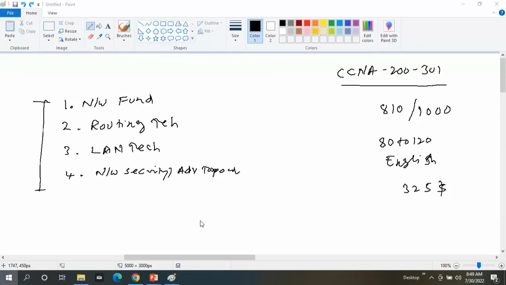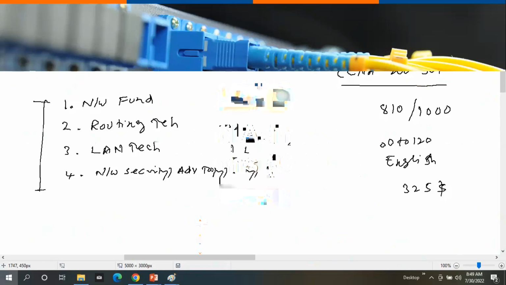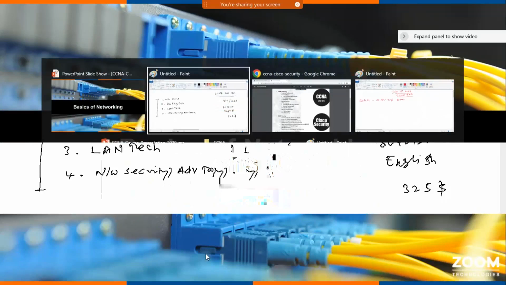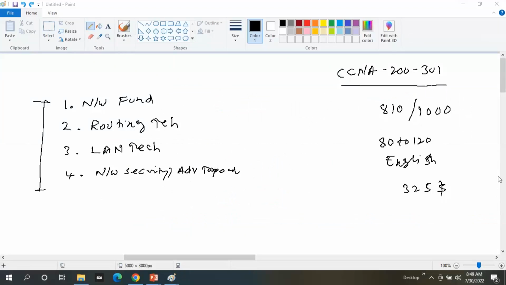Balesh, I have a question here. Yeah, please. CCNA and CCNP, are both multiple choice questions, or do we have something practical in the exam? CCNP has practical. In CCNP there are two exams, one is a core exam and one is a concentration exam.